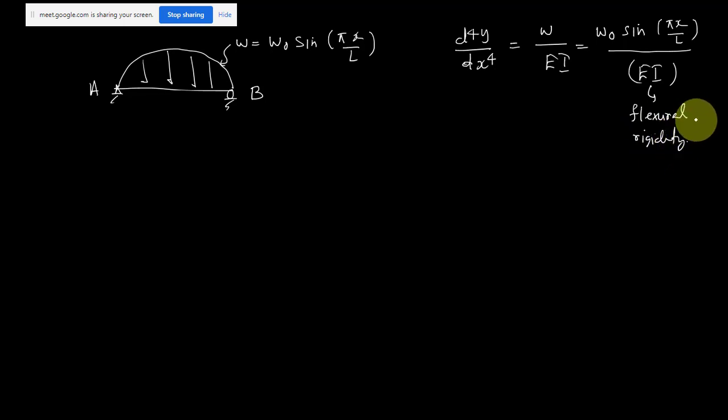So EI together is the product of Young's modulus and moment of inertia. Now we have to solve this differential equation. To solve it, you have to go for integration only.